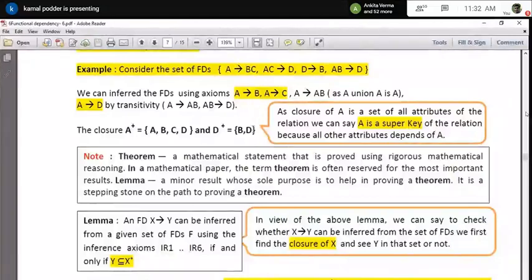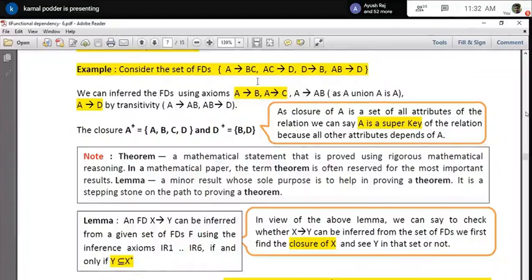Just see here, it is very simple. I can divide it: AB, BC is there, so I can say AB and AC. Now if AB is there, I can union the same set on both sides.